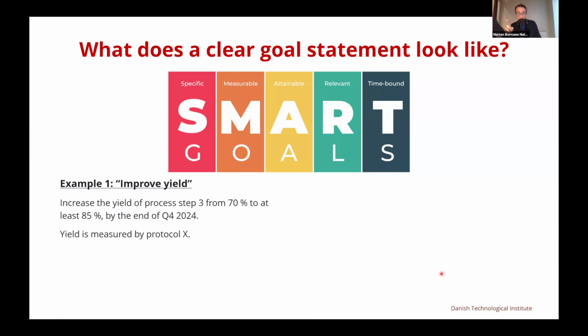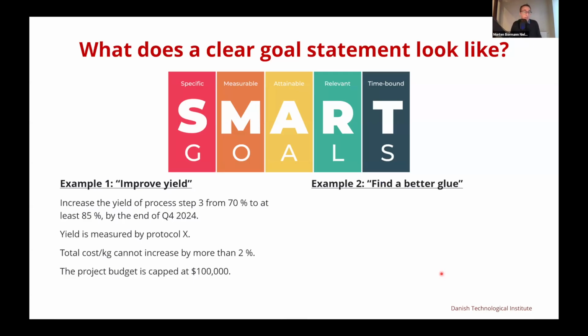And when we say the yield, what we actually mean is the specific number we arrive at when we follow a specific protocol with a specific piece of equipment. And by the way, the total cost of this product can't increase by more than 2%. And the overall budget cap is, say, $100,000. And that might influence how many experiments you can run and so on.